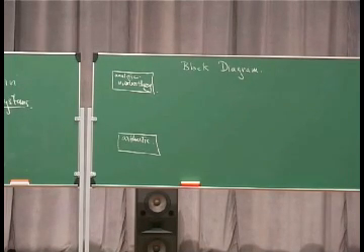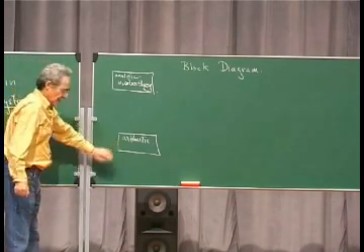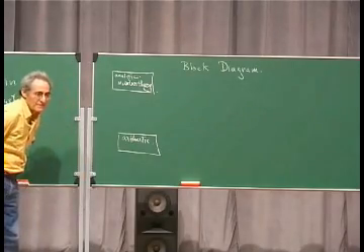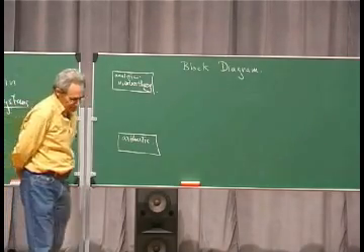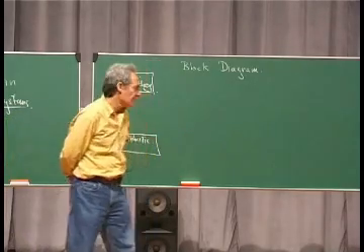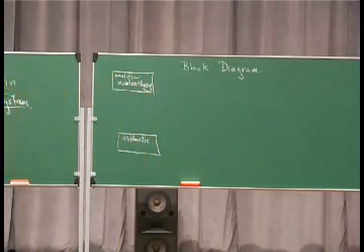In the case of number fields, it will be controlling the ideal class group. And in general, we expect that we will have a sort of a fairly general theory of this arithmetic for fairly general Galois representations.